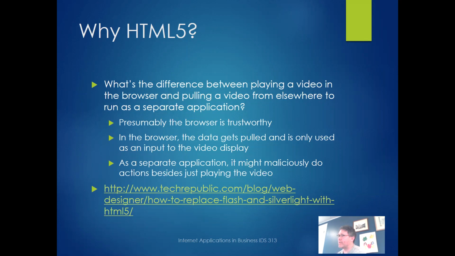But basically the browser can have control over saying, I am playing a video. If I find some data that doesn't fit in with what a video should do, then I'm just not going to accept that, right? So it's only going to accept standard video frames. And the browser doesn't have to give that application data stream any access to anything else.